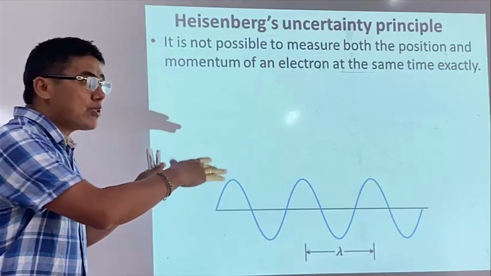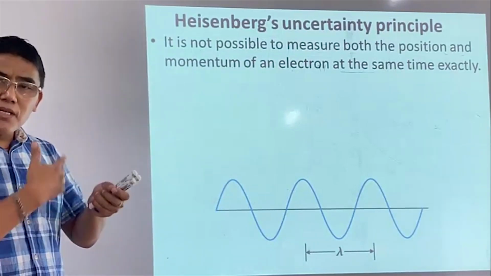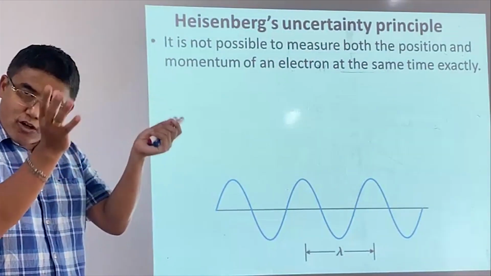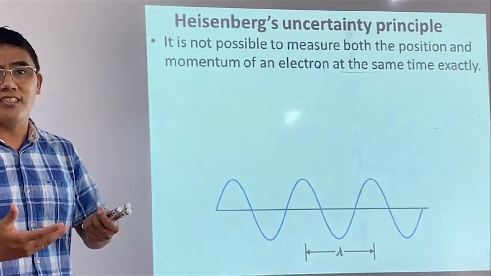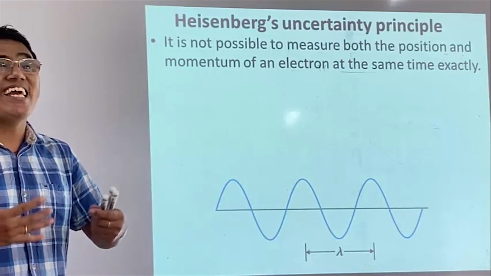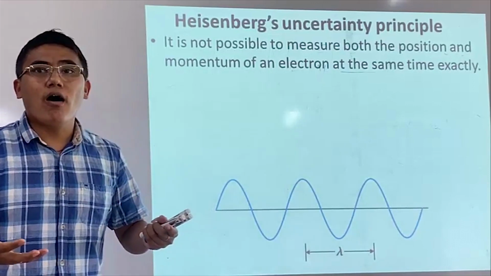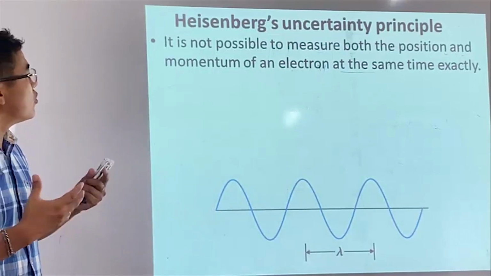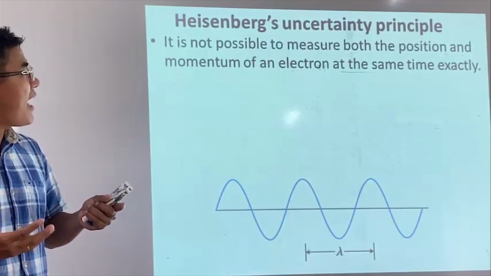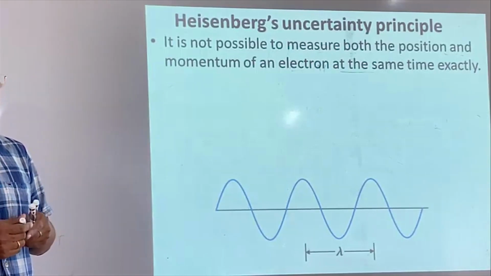It is not due to the limitation of an optical instrument. It is all because of nature. Nature doesn't allow us to measure the momentum and the position of the electron exactly at the same time.